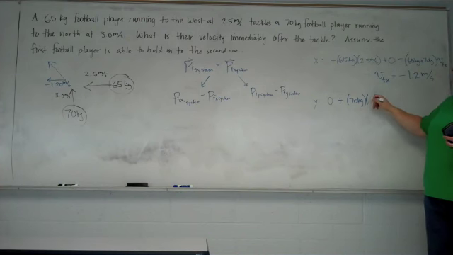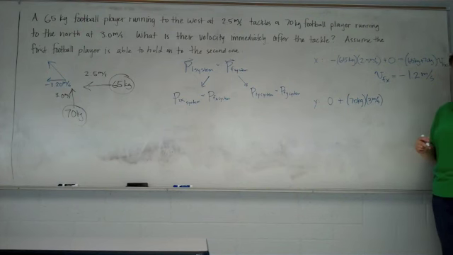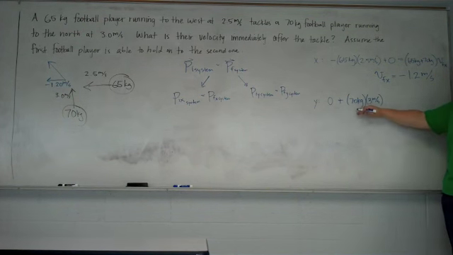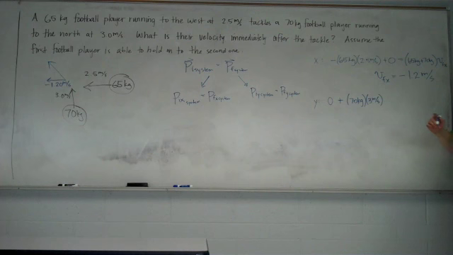His mass is 70, his speed is 3 meters per second. He's headed in the positive y direction, so that is his momentum initially. That is the total momentum of the system in the y direction initially. The momentum is determined solely by the 70 kilogram player in the y direction initially.